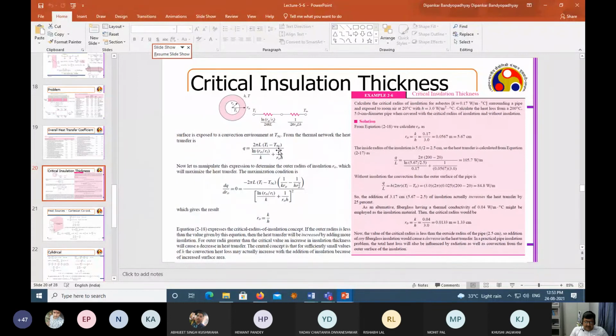RC you have already calculated to be 57.33 millimeter. Be very careful while using the length in millimeter and meter.